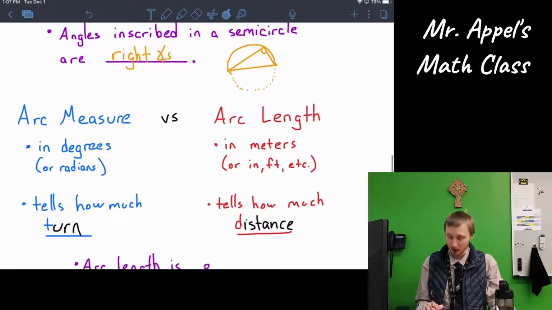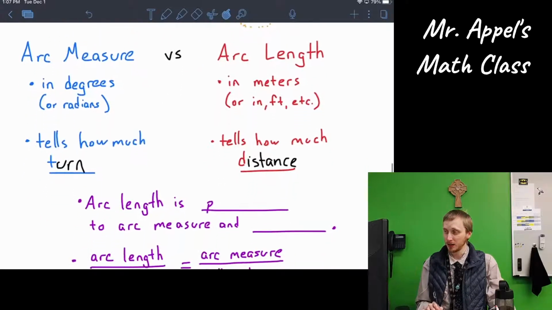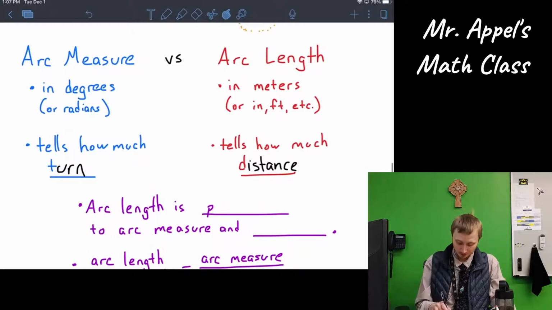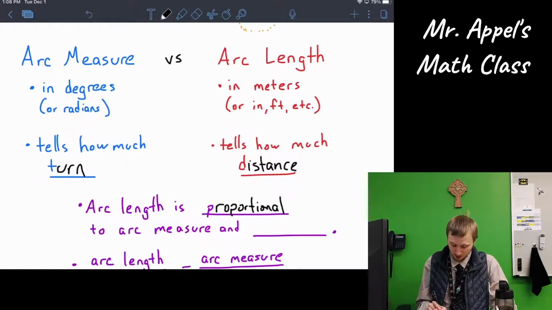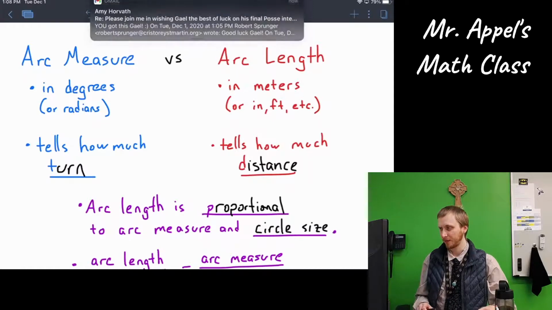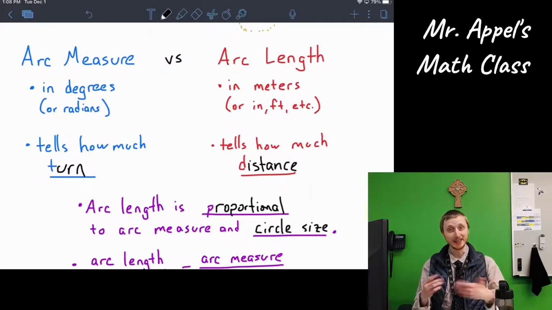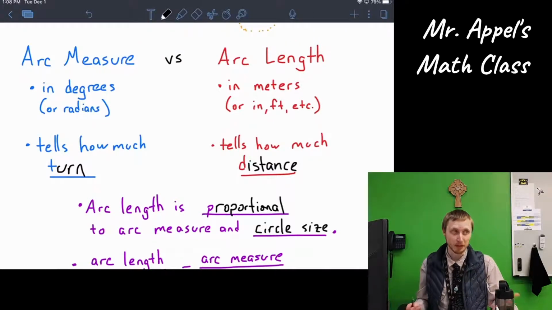Okay? In fact, I would summarize it thusly: the arc length is proportional to the arc measure and circle size, which we would usually indicate with the radius, right?